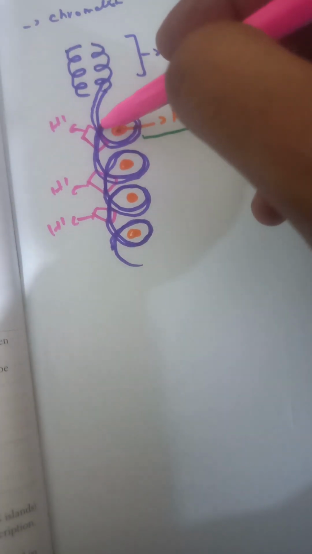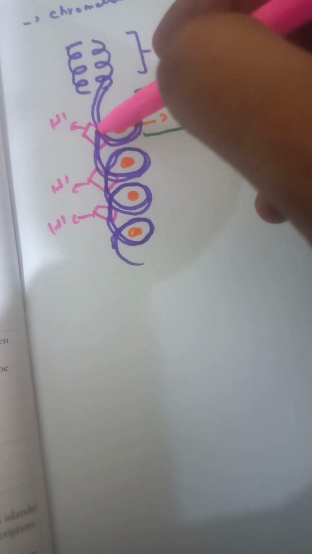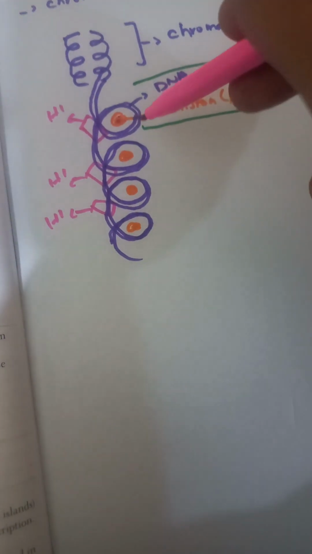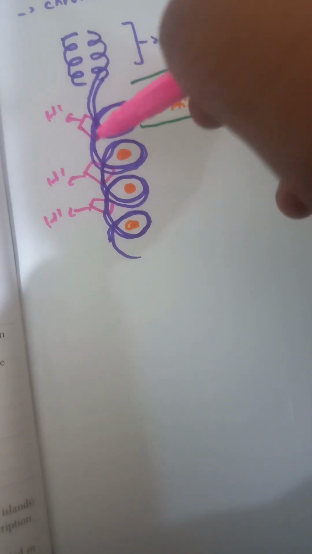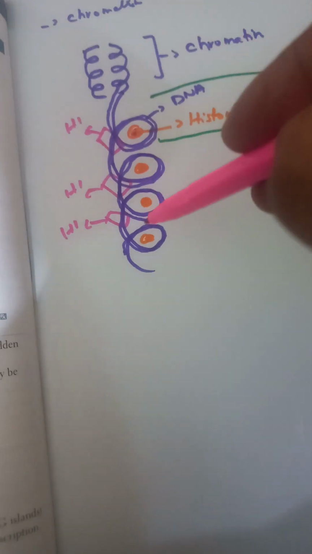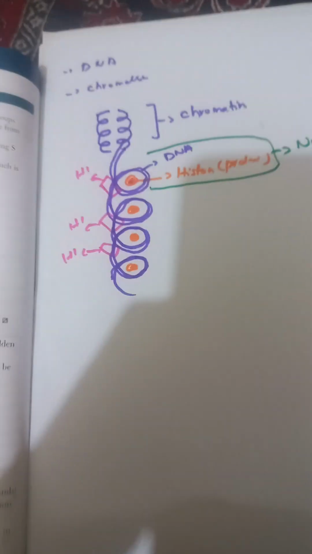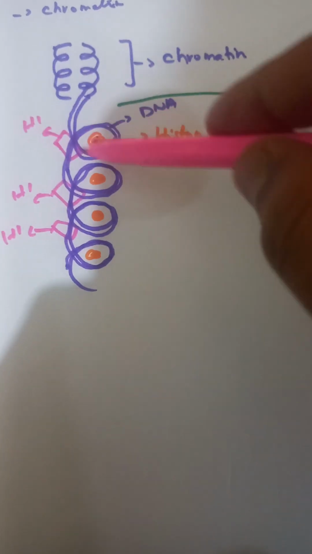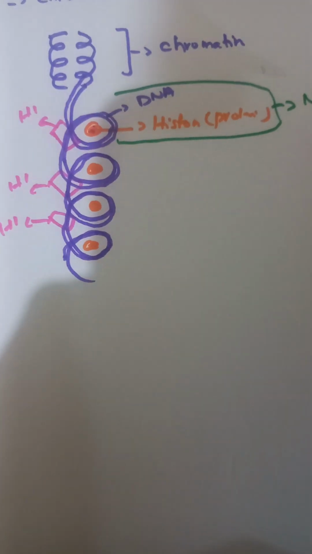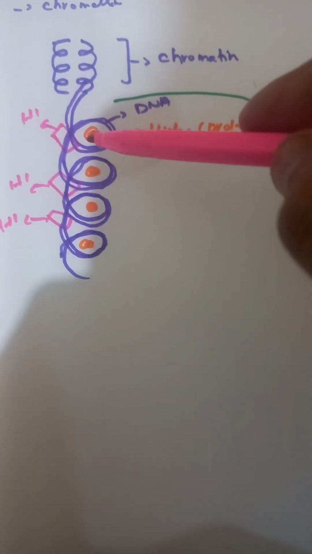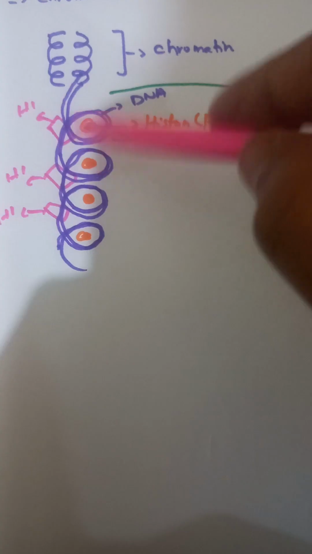It attaches to the nucleosome, and on the other side the other DNA attaches, and thus it is attaching these nucleosomes, and a string of nucleosomes is formed. Okay, so now what we understand, DNA loops twice around the histone to form a nucleosome, and H1 binds to the nucleosome and to the linker DNA.